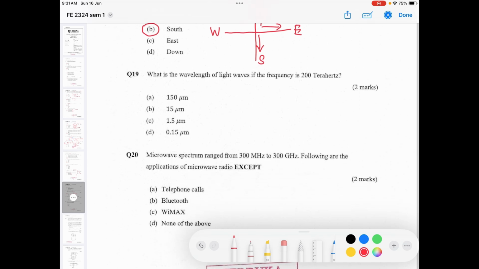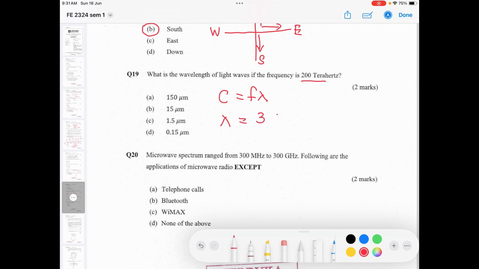What is the wavelength of light if the frequency is 200 terahertz? Terahertz. So for wavelength we use this equation, c equals f lambda, asking for the lambda.